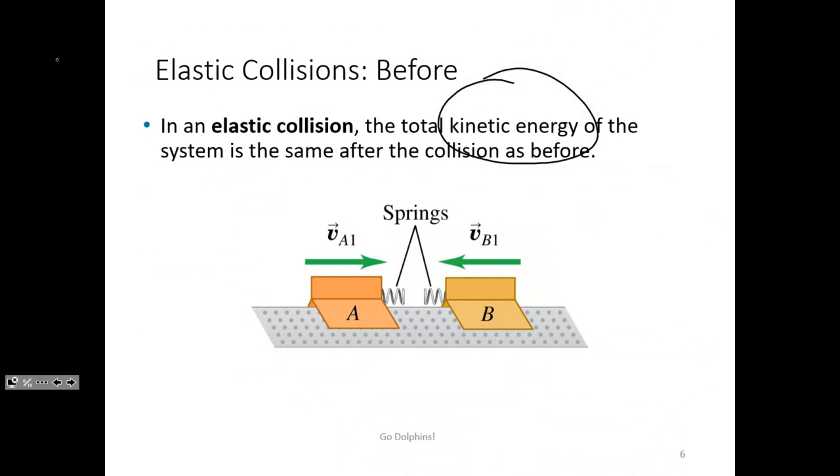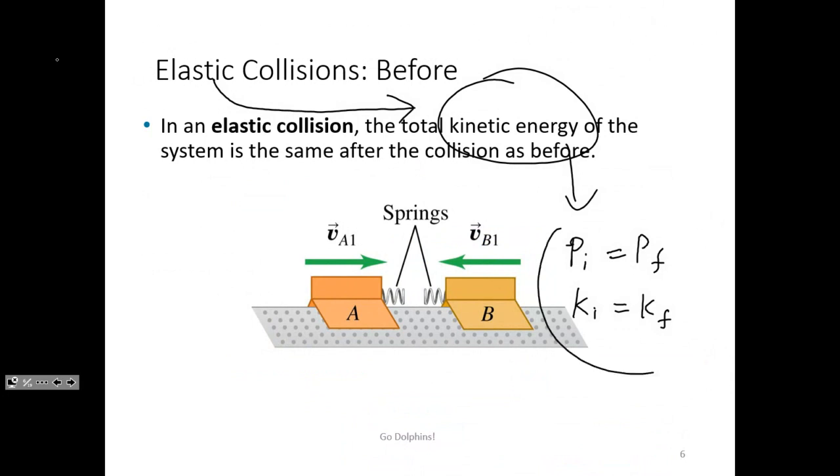So there's no change of kinetic energy for an elastic collision. Elastic collisions give you kinetic energy conservation too. So we have Pi equals Pf, and Ki equals Kf. This is an elastic collision.